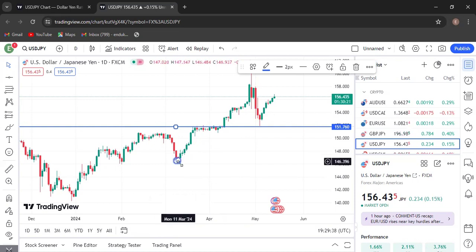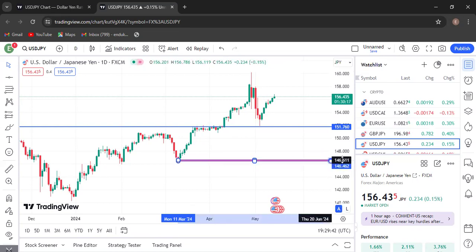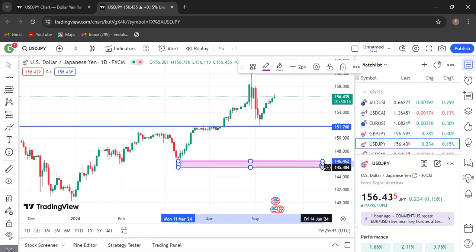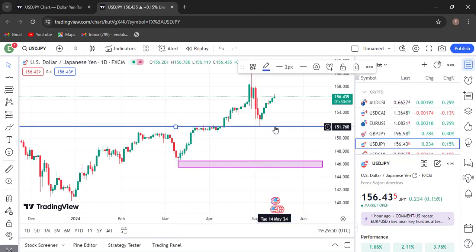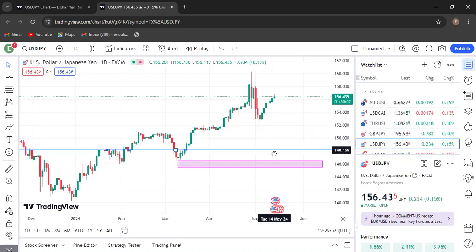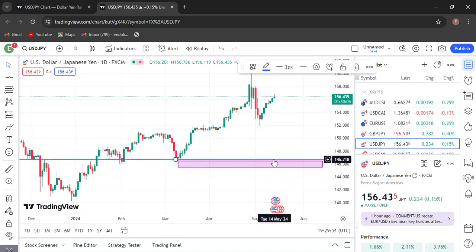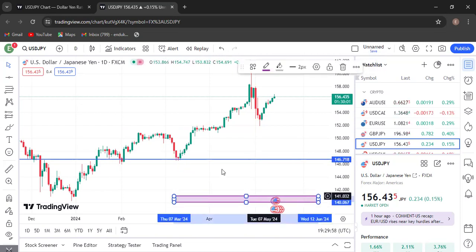So to me, I would say that this whole zone is a support. If I use just a horizontal line for this, it will give me one point. You understand? Let me shift this one down. Now this is showing me that this is just one point as a support.